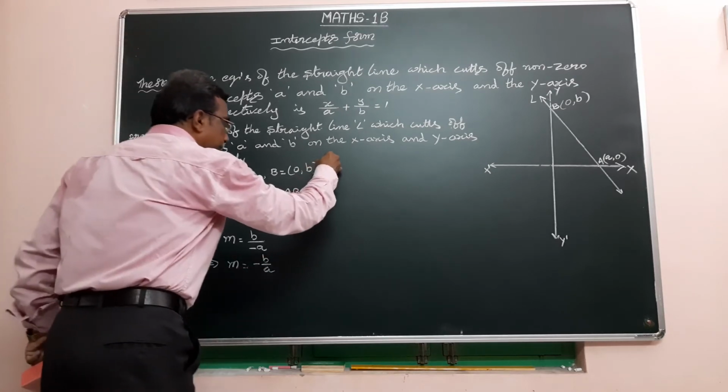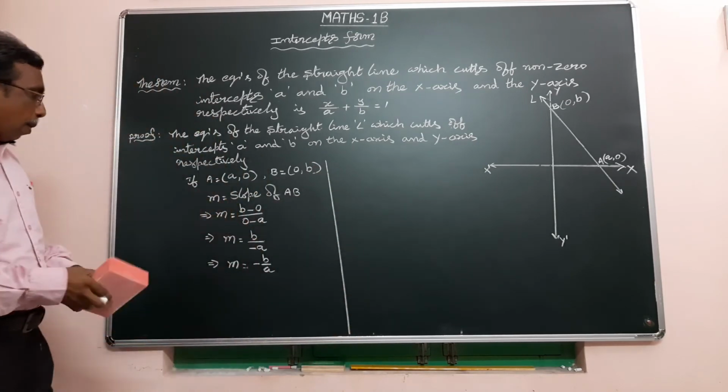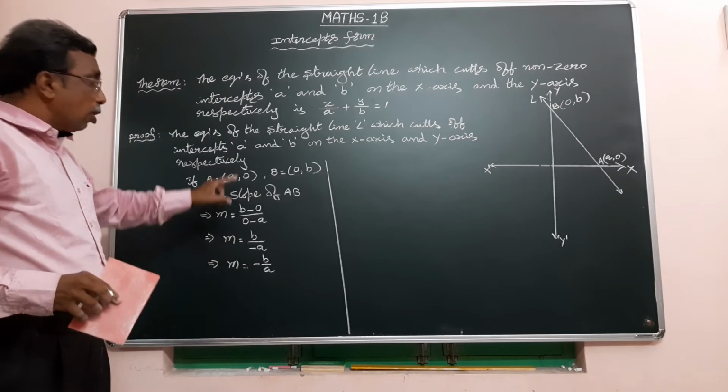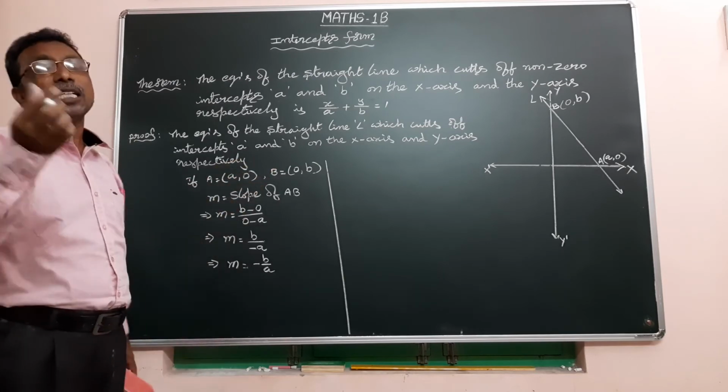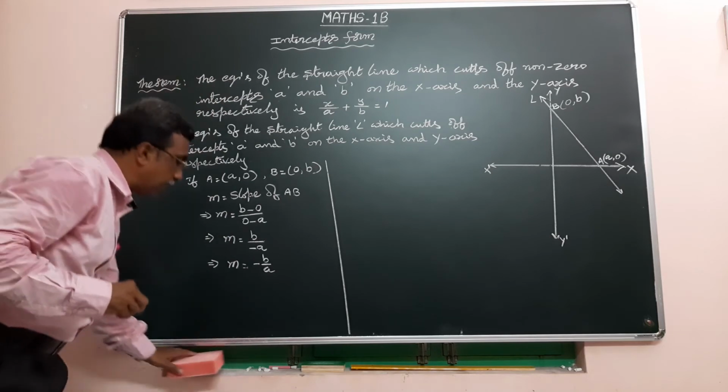Now, already we know the slope intercept form. So what is the slope intercept form? Y equal to mx plus c.